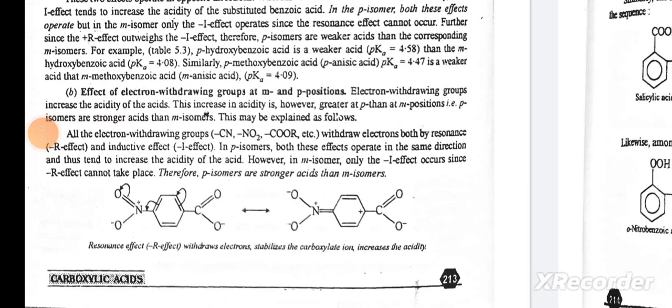Resonance effect, minus R effect, withdraws electrons, stabilizes the carboxylate ion, increases the acidity. Look at these structures.